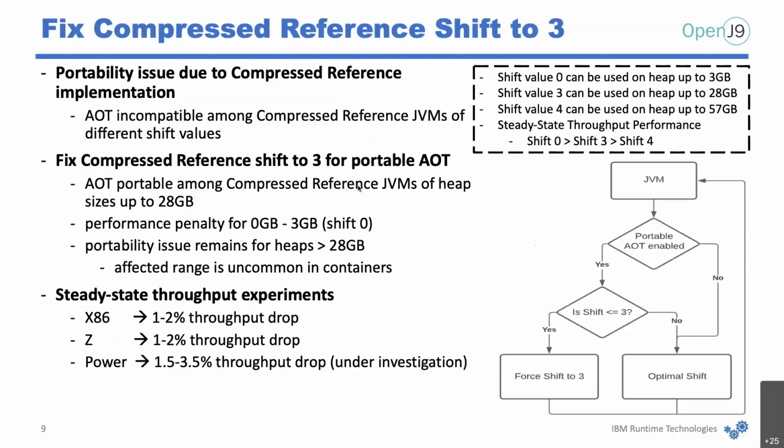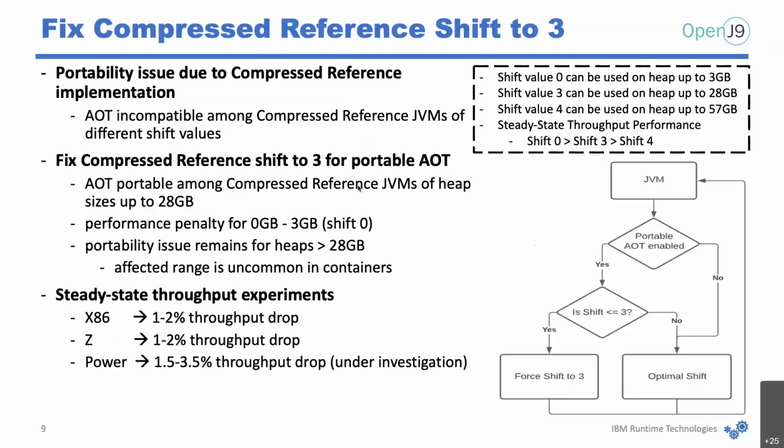So a shift value of 0 performs better than shift value of 3, and shift value of 3 performs better than 4. By default, we always go for the smallest possible shift value we can use so that we get the best performance out of it.